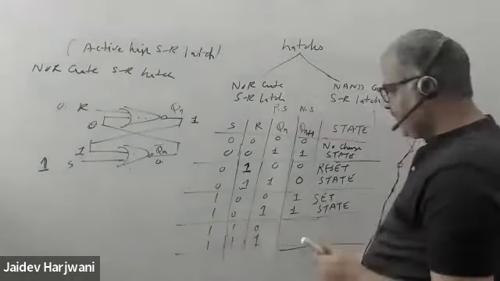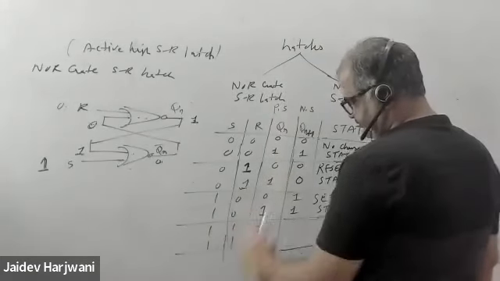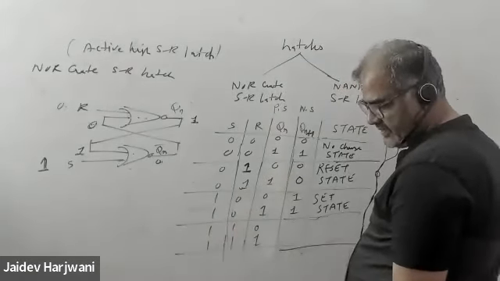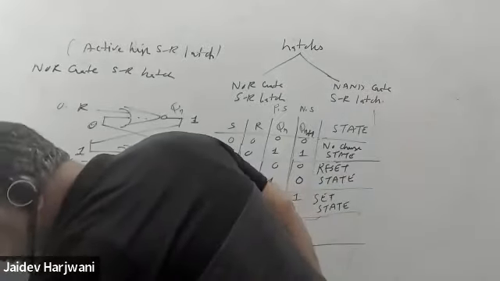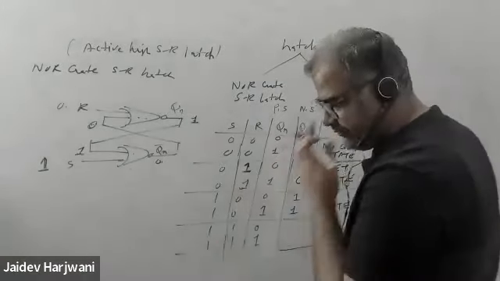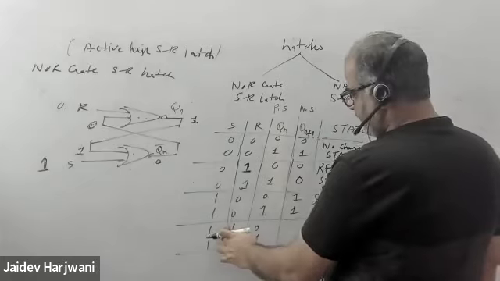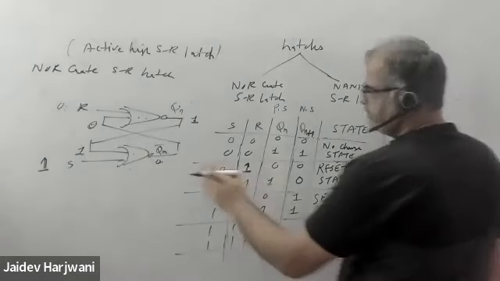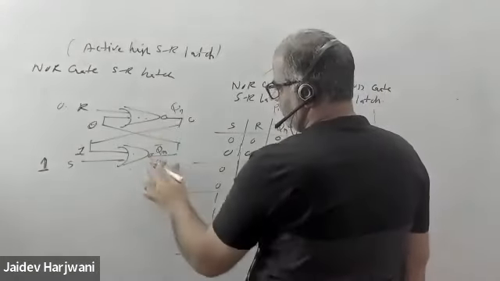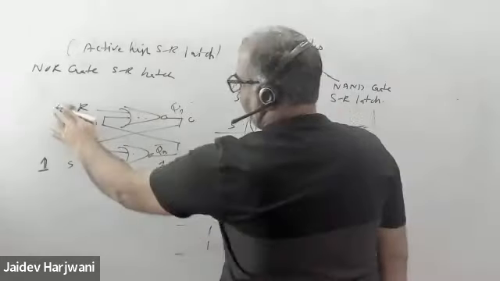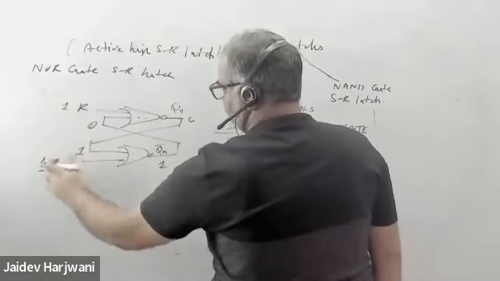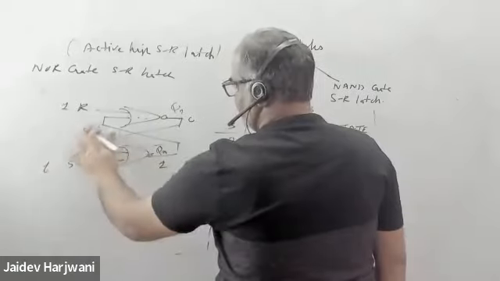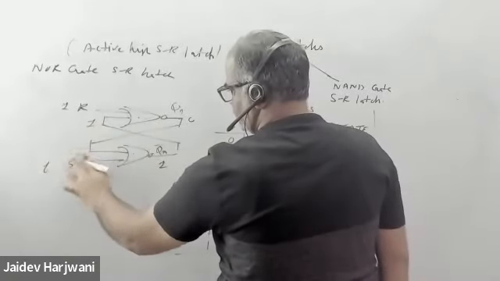Now what happens if you have 1, 1? I'm applying 1, 1. Say initially it is 0, and this is your 1, and now I'm applying 1, 1 here. So this 1 is going here. Here you have 0, so it's going 0 here.